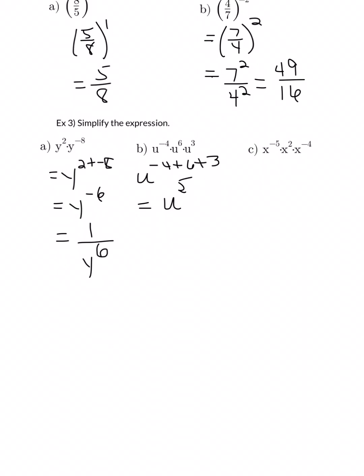On C, we have x to the negative 5 times x squared times x to the negative 4. So we're going to have x to the negative 5 plus 2 plus negative 4. Do that addition, you will get x to the negative 7. Again, we generally write answers with positive exponents, so this would become 1 over x to the positive 7.